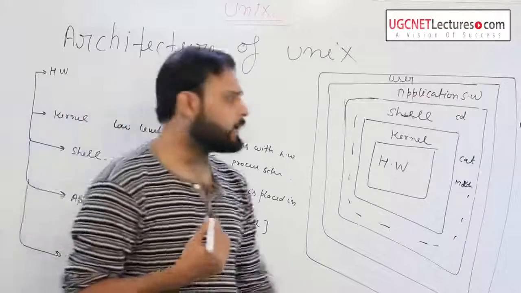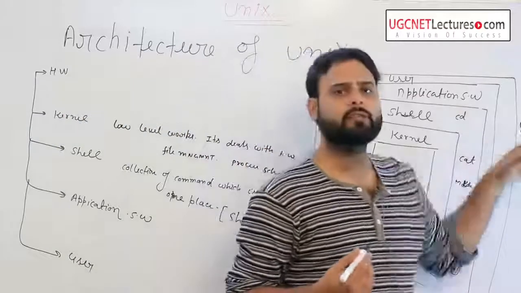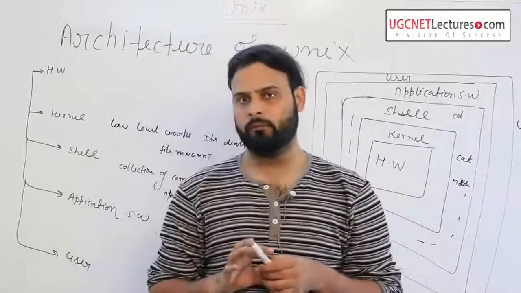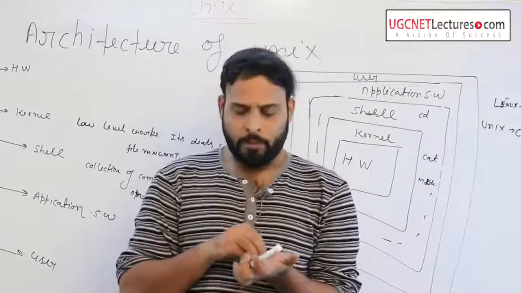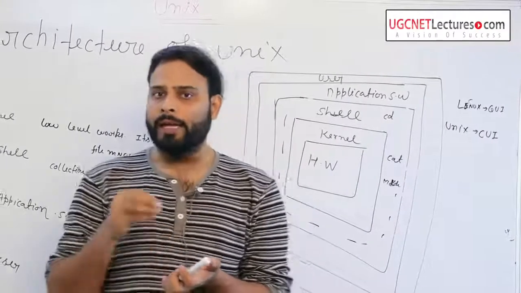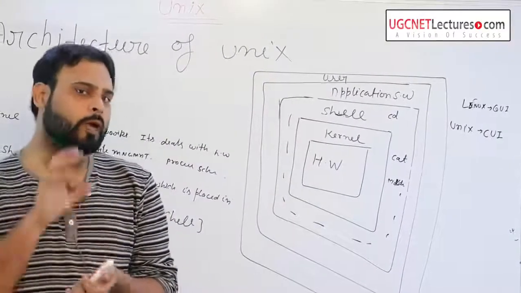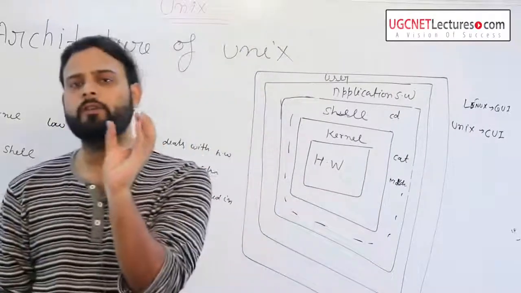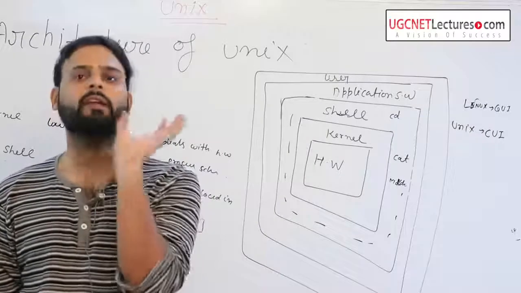What is the difference between the command based user interface and the graphical user interface? Suppose you want to open your file, you can do it by a command, or directly with the help of the mouse you can open a file. So this is the basic difference.